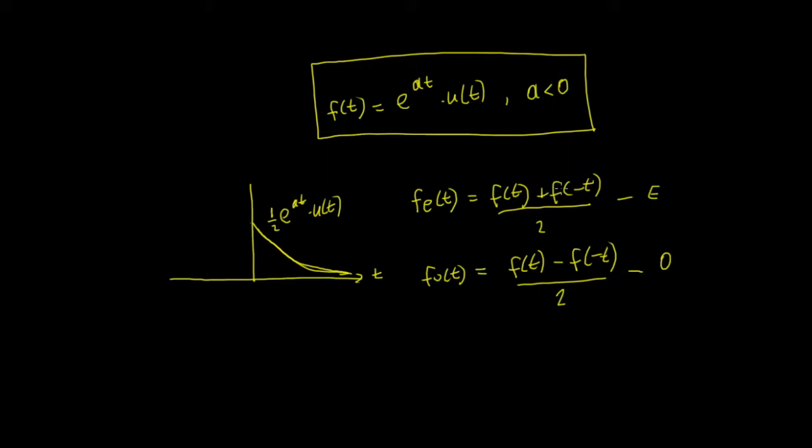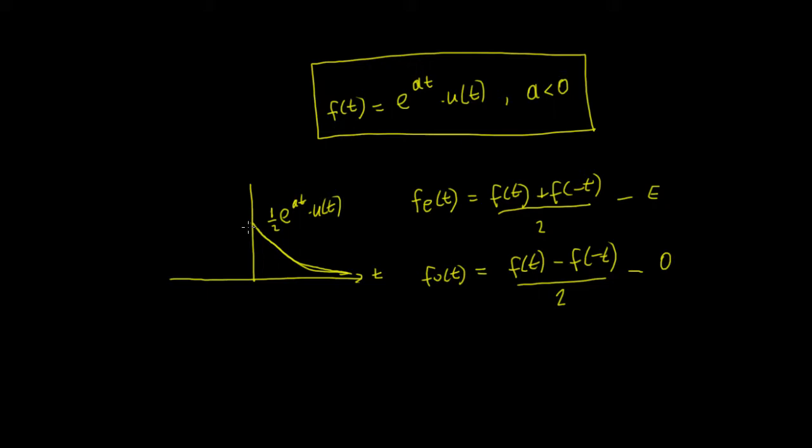Our value of a is less than 0 as well, so it would be a minus t and a minus a, so the minuses cancel out, and you just end up with again a positive term, e to the at, which runs like this. Now we're also going to have negative t in here, so it would be u of minus t. So we'll only be interested in the negative half of it here, not the positive half.